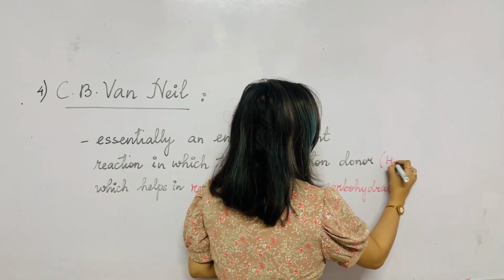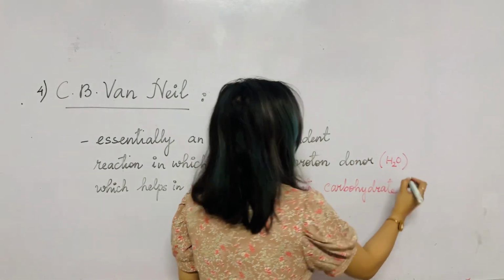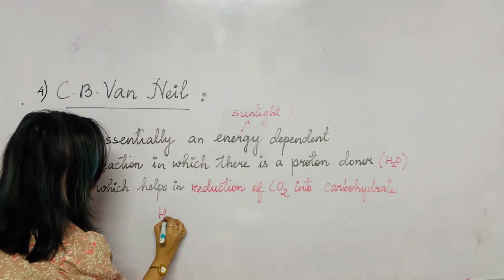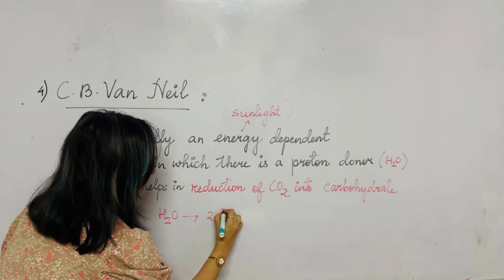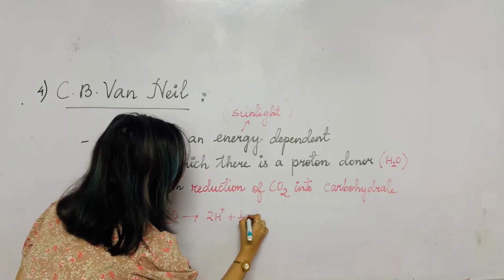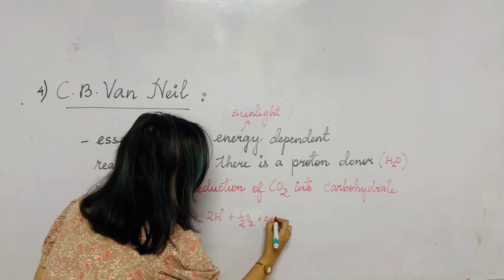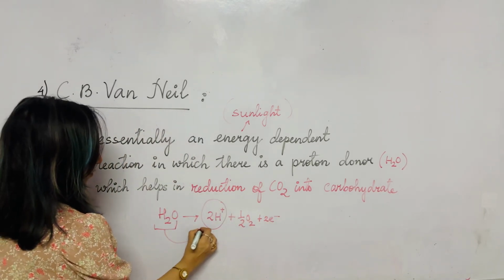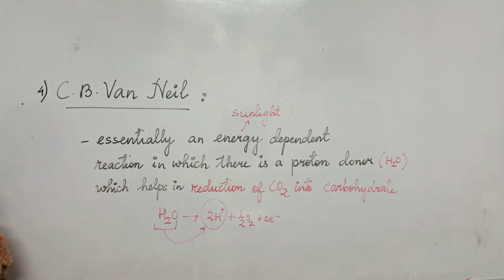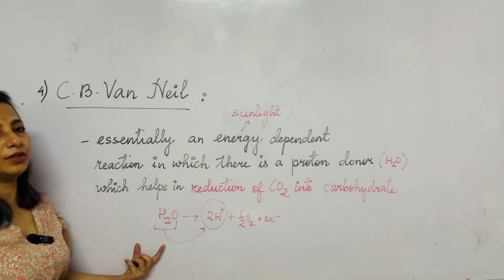So when water splits, what will be produced? Proton. This is the proton. Now who is donating this? Water. In case of plants, the proton donor is water.